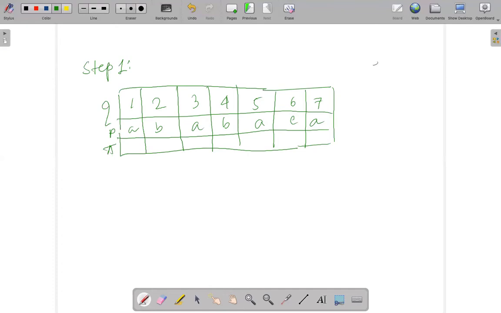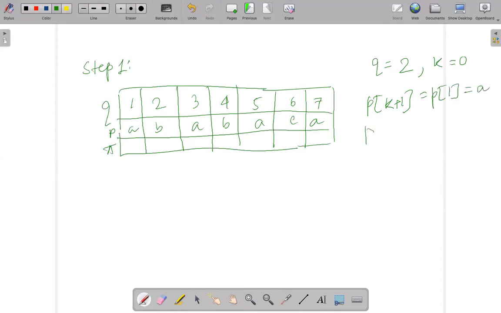So now at this point your q is 2, right? You start with your q as 2 and your k is initially 0. Okay. Now you find out Pk plus 1. Pk plus 1 is P1, which is A, right?